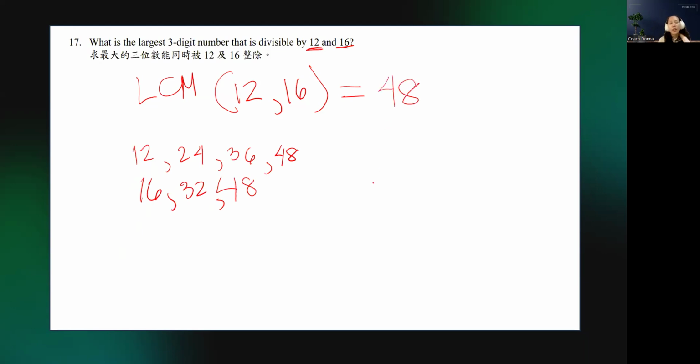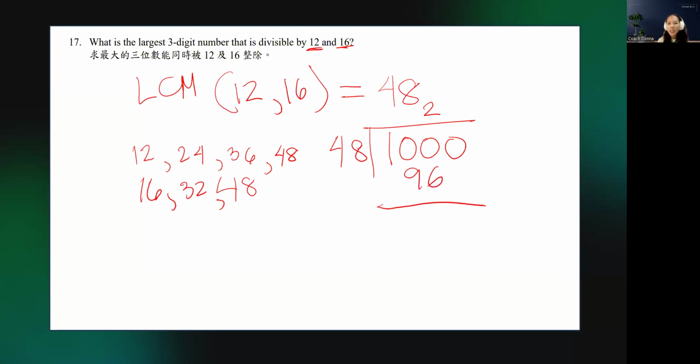All right. If their LCM is 48, let's just divide 1,000, or you could use 999. That depends on you. 1,000 divided by 48: there are two 48s in 100, and 2 times 48 is 96. Subtracting, we have a remainder of 40.